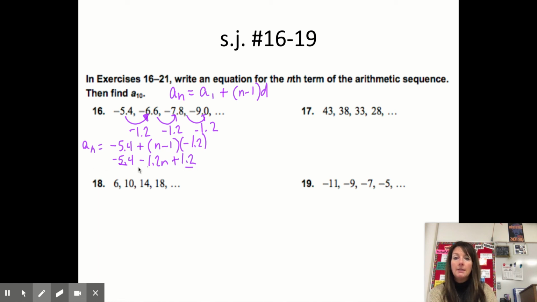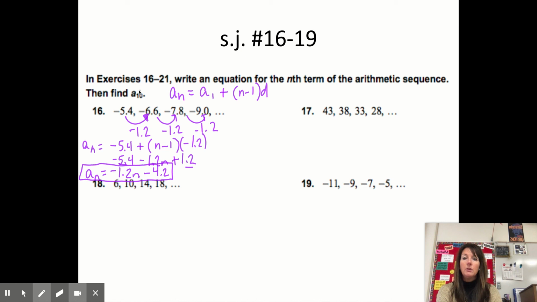So we'll get A sub n, and let's write it in function form. We'll have negative 1.2n, and then when we take the difference between 5.4 and 1.2, we should get 4.2. Yeah, 4.2. And it is negative, so minus 4.2. So here is our function that we want.